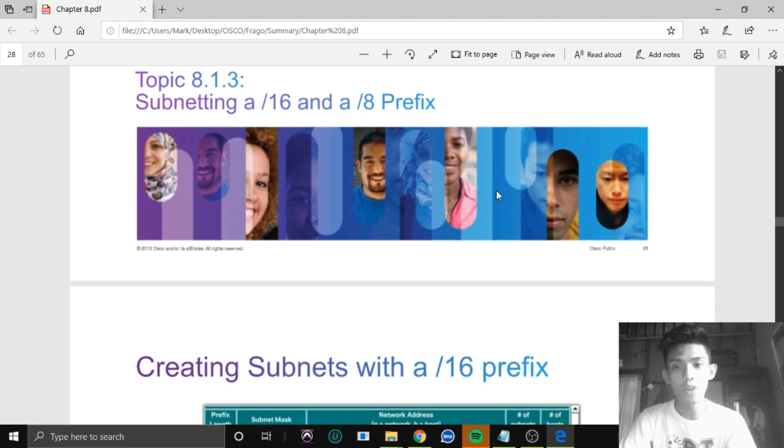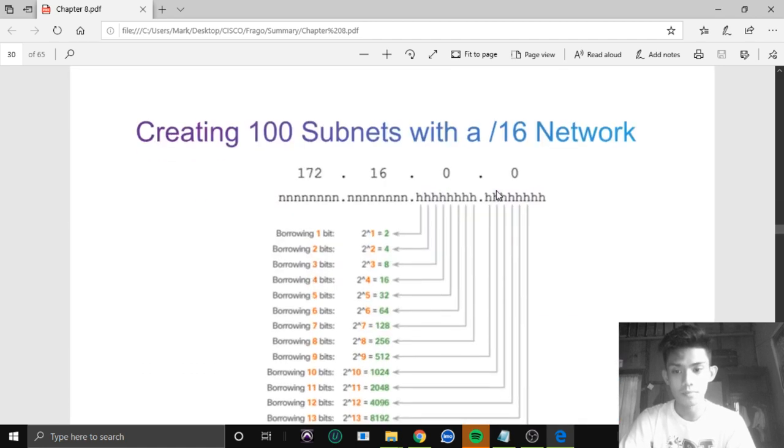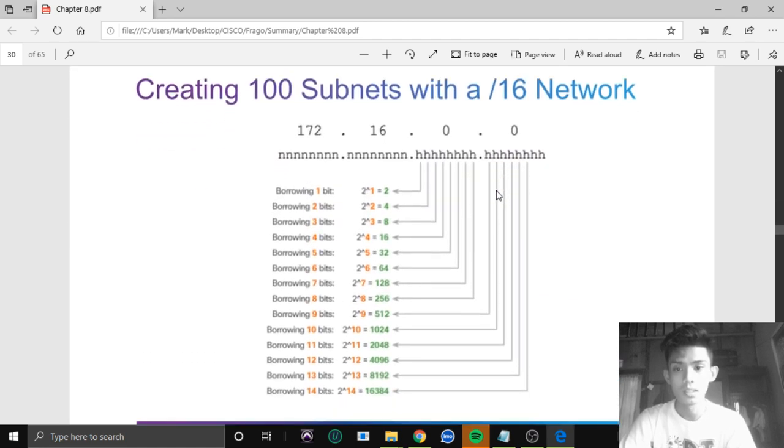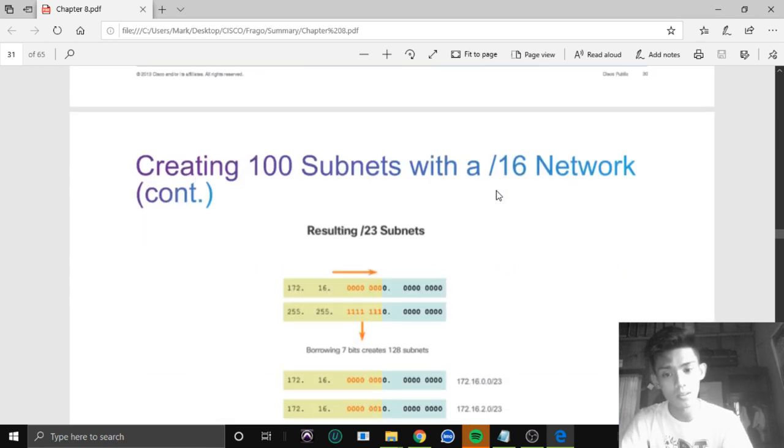Subnetting a /16 and a /8 prefix. So this guys is the representation for you to understand, creating 100 subnets within a /16 network, 172.16.0.0.